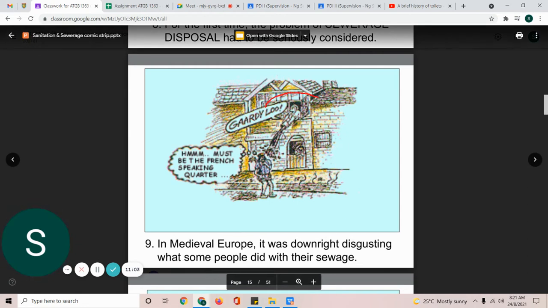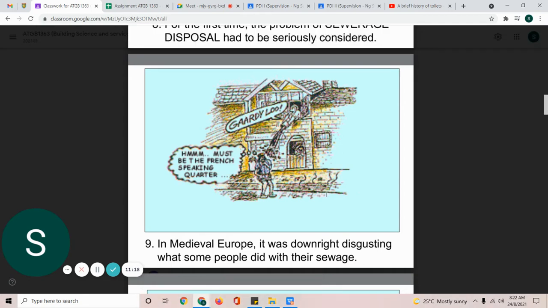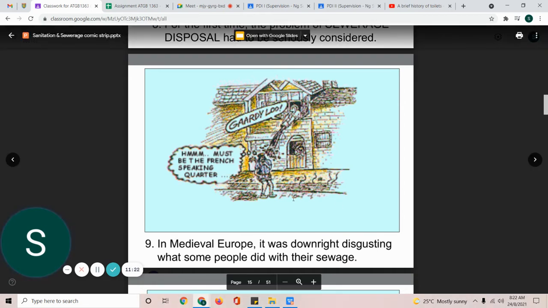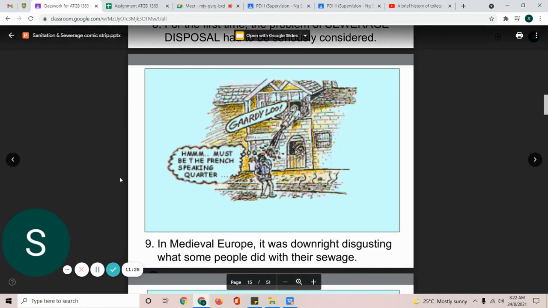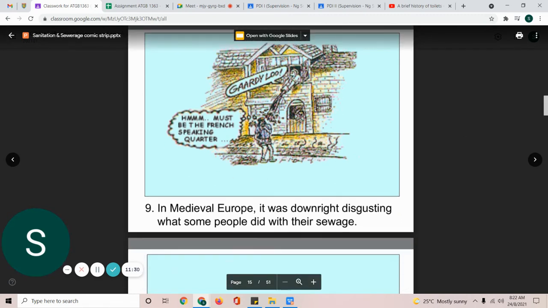When people are not so educated, they want to have their own convenience, and if this is the standard at that time, they can just pour the sewage out into the street because they have no idea of the danger of this sort of practice. So they just pour it into the street. This is actually what really happened during medieval Europe, and it's very disgusting.